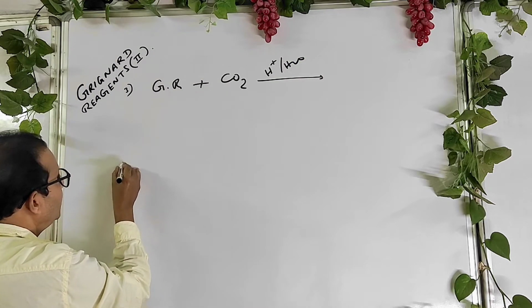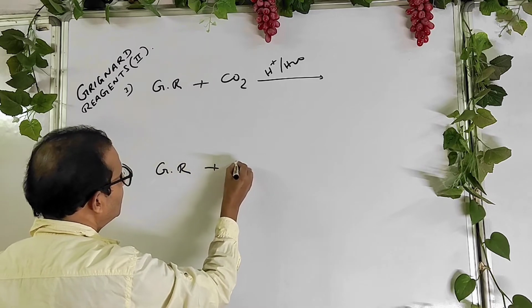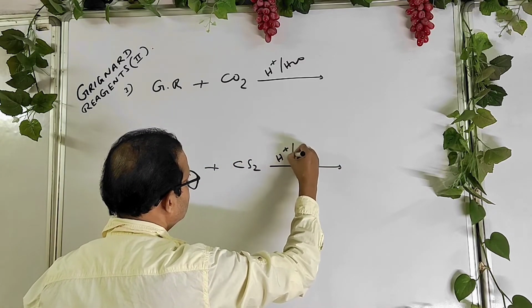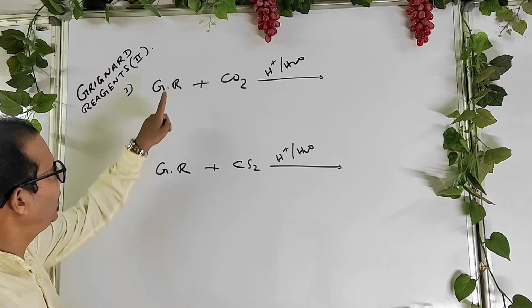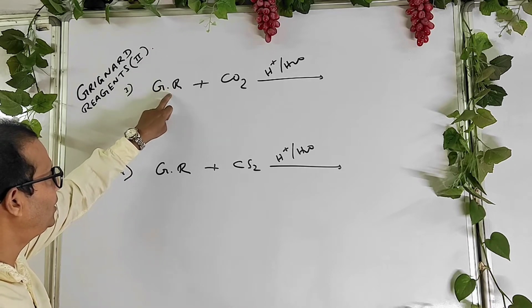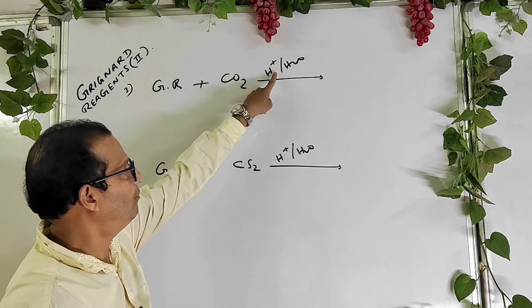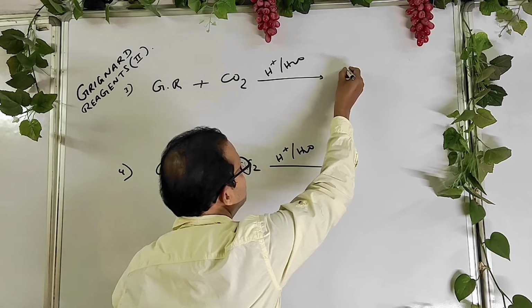Fourth point, Grignard reagent when it reacts with carbon disulfide followed by acid hydrolysis. So remember, when Grignard reagent, any aliphatic or aromatic, reacts with carbon dioxide followed by acid hydrolysis, you get carboxylic acid.